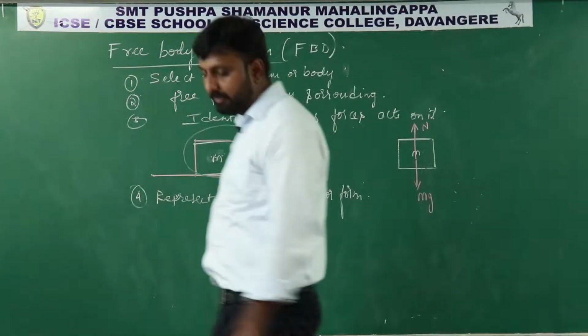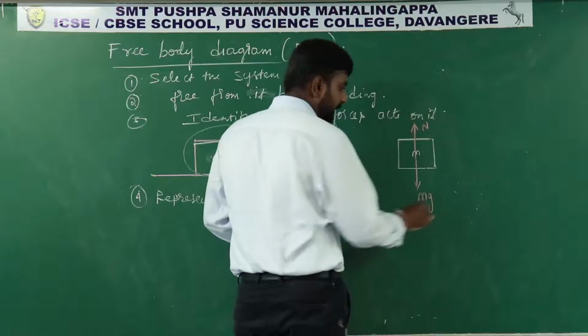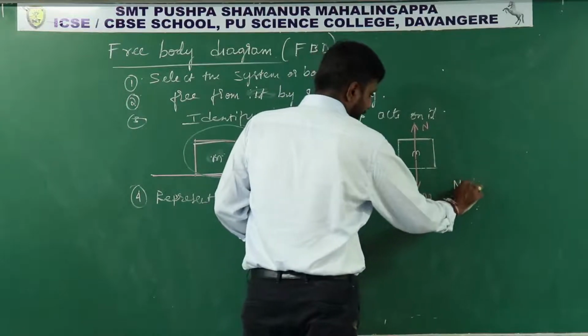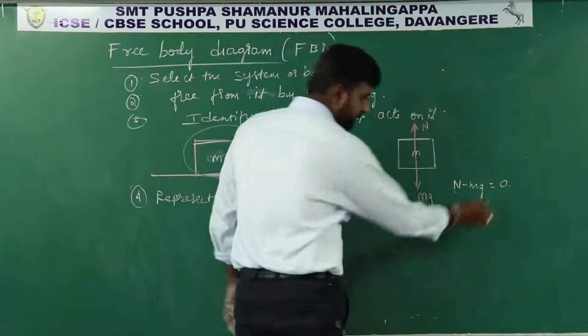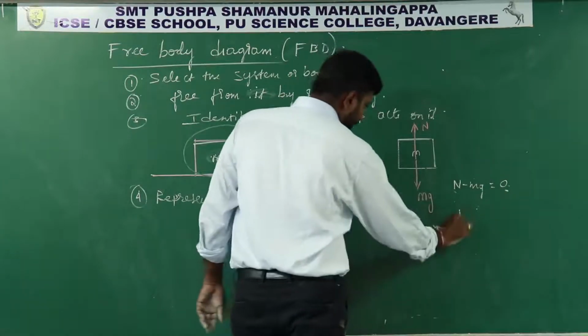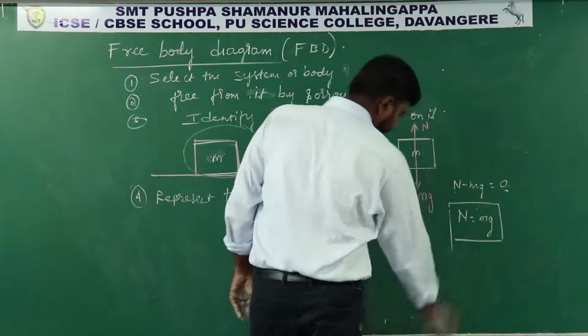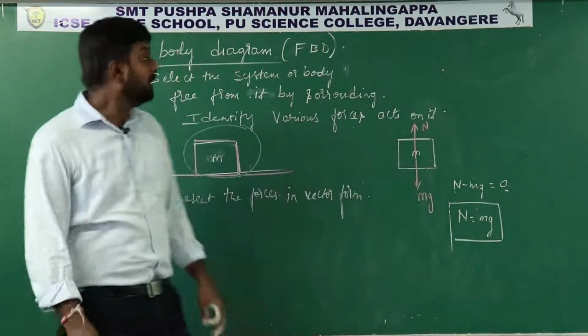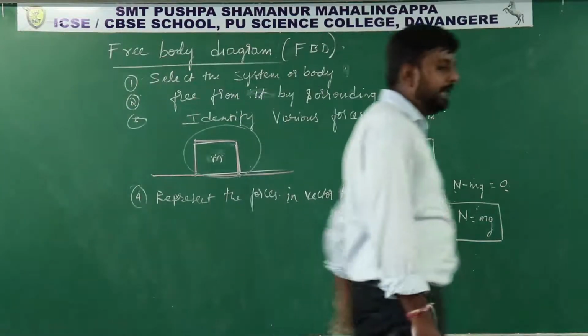Since it is at rest, the net force is 0, so N minus mg is 0, and I can write N is equal to mg. In this way we can write the free body diagram.